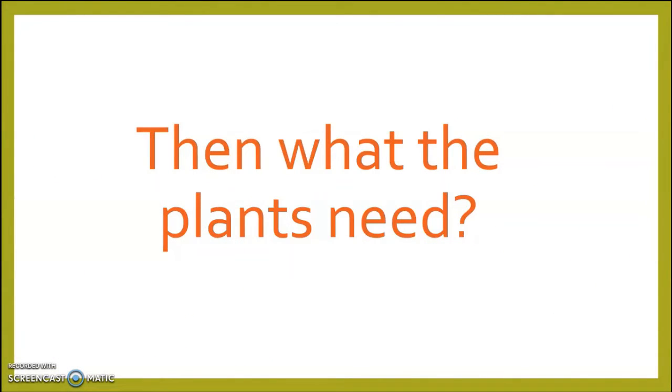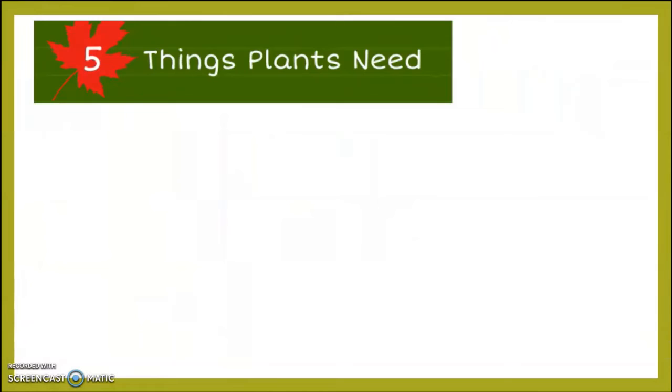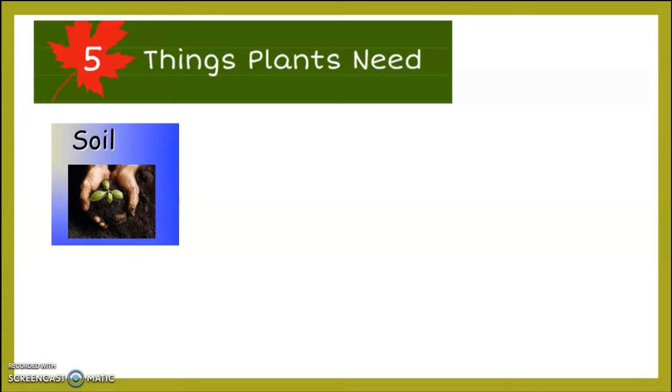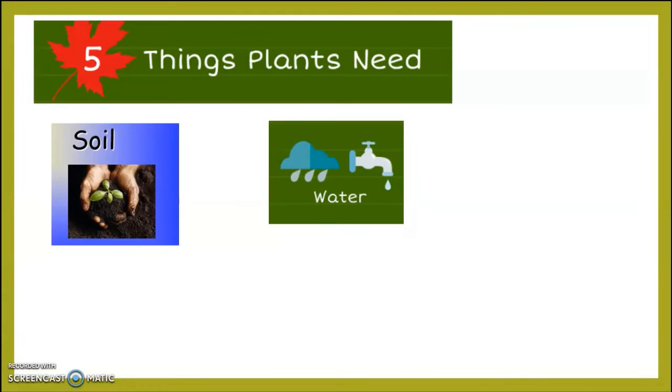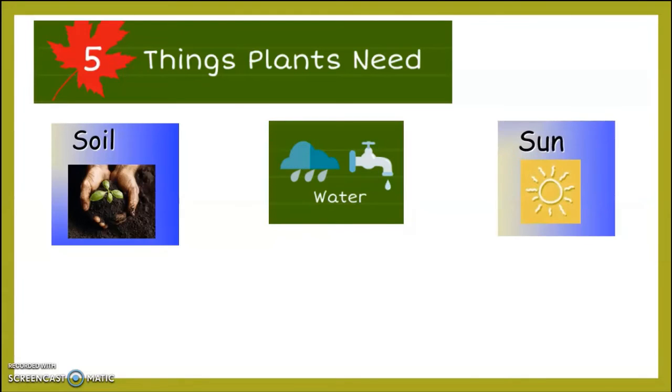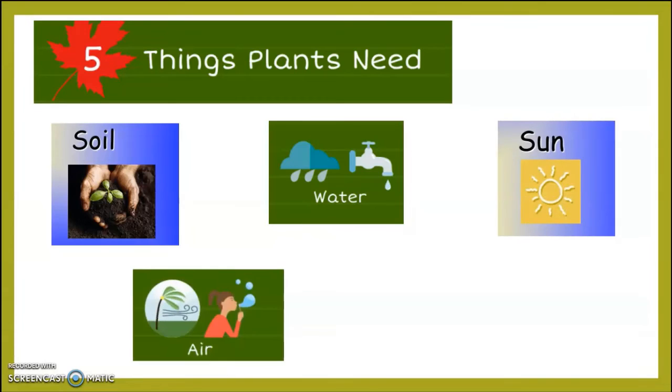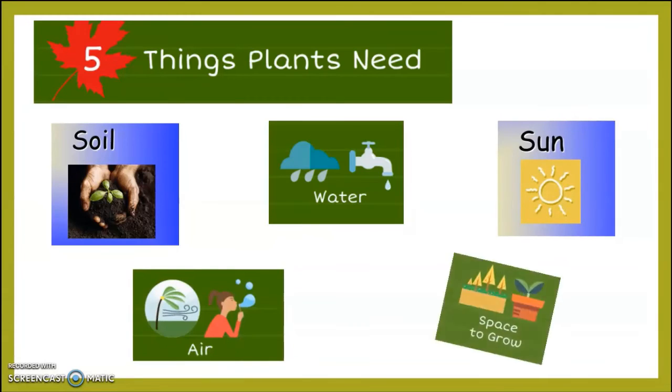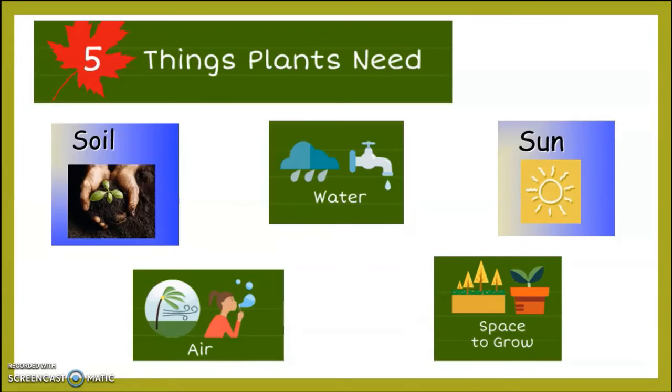Now, what do plants need? Here we go, five things plants need: soil, water, sun, air, and a space to grow.